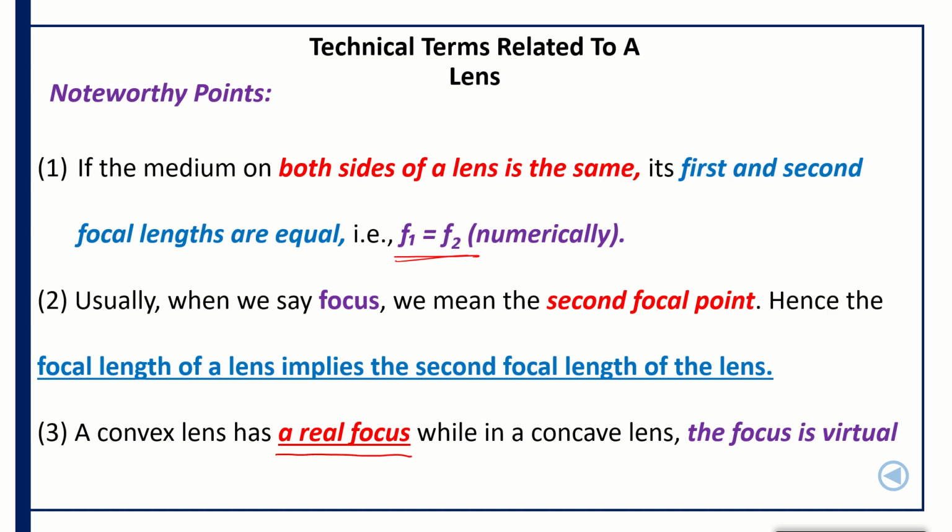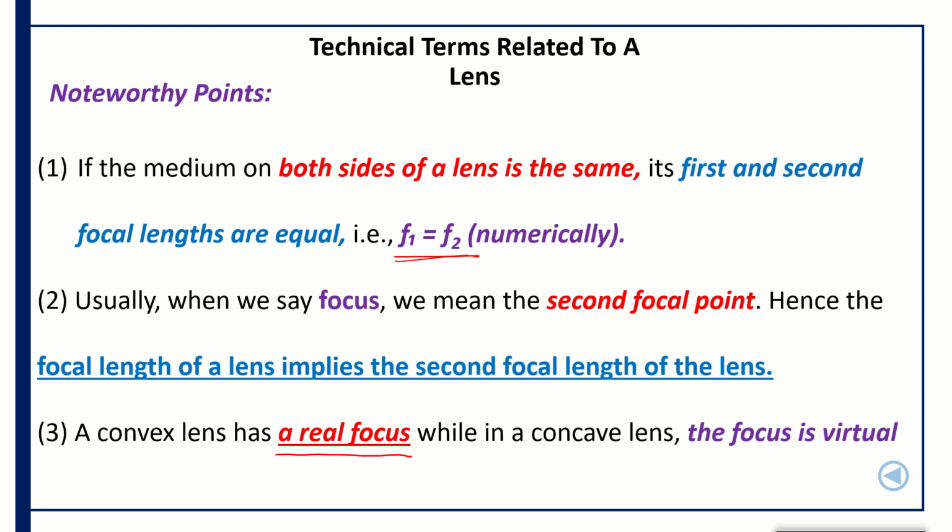In the case of a concave lens, after the divergence, we extend the divergent beam of light imaginarily, and the rays meet at one point on the principal axis, and we call that the focus point of that concave lens.